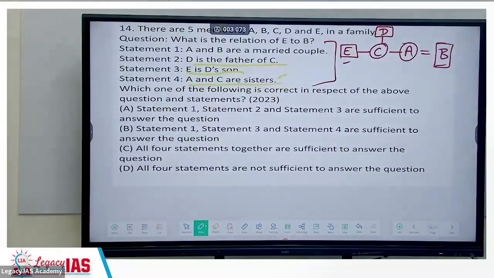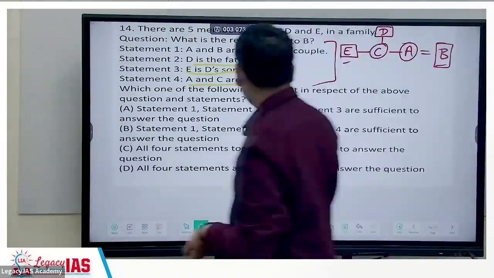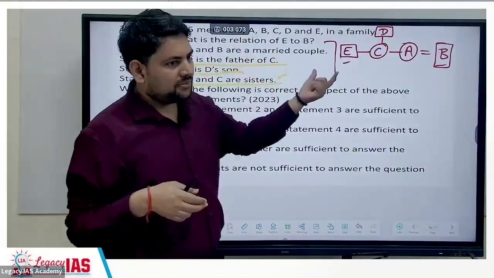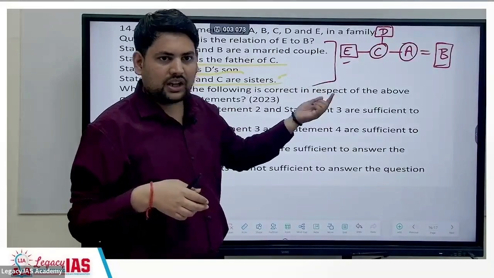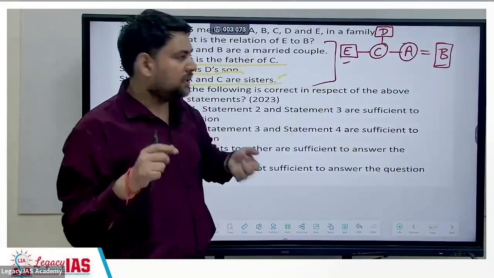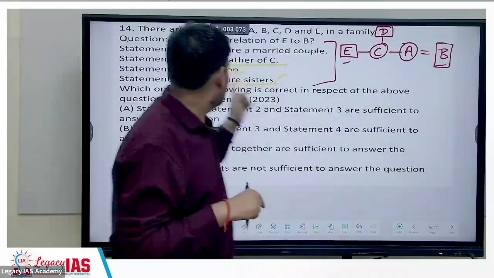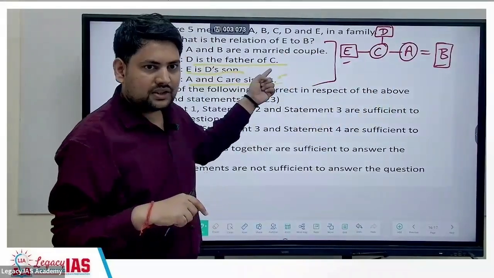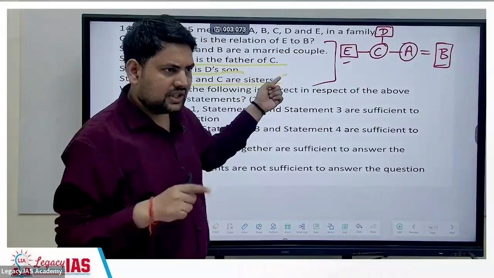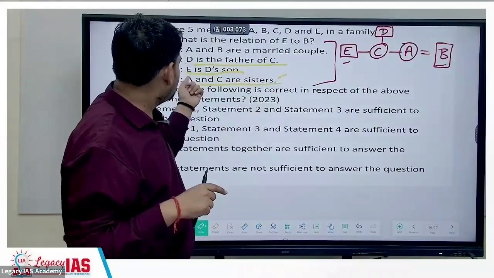Now, do you think there was any redundant sentence? First of all, you won't be feeling that. Still, if you want to check, you can simply see it once. First, A and B have to be married, so that we know how B is related to them through A, so that is important. Second, D is the father of C. Now we don't know if this sentence is important, but read the next sentence.